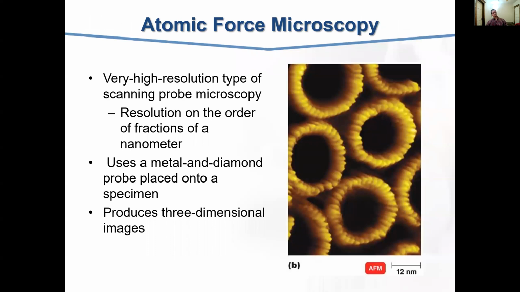And then something else that we're going to just briefly talk about is atomic force microscopy. In this instance, as you might guess from the name, you get completely ridiculous resolution. It's also a type of scanning probe microscopy, and the resolution here is in the order of fractions of a nanometer. Remember, that's 10 to the negative 9. That's really, really small. The picture here is actually of the perfringolysin O toxin from Clostridium perfringens.